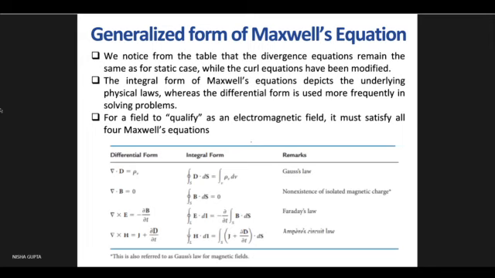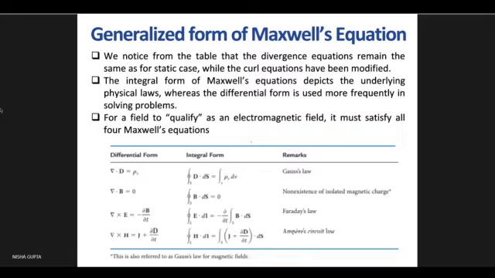Another set is the integral form of the equations. And a field qualifies as an electromagnetic field only when it satisfies all four Maxwell's equations. So for any electromagnetic field to qualify, it has to satisfy all four Maxwell's equations.